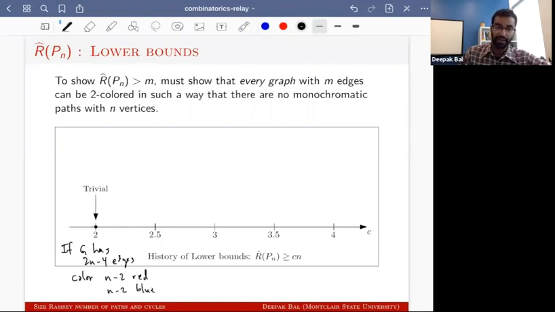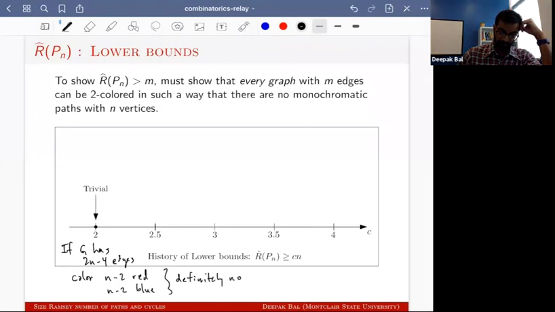And since Pn, the path on n vertices, has n minus 1 edges, I'm definitely not going to get a monochromatic Pn, right? So that's the trivial lower bound.